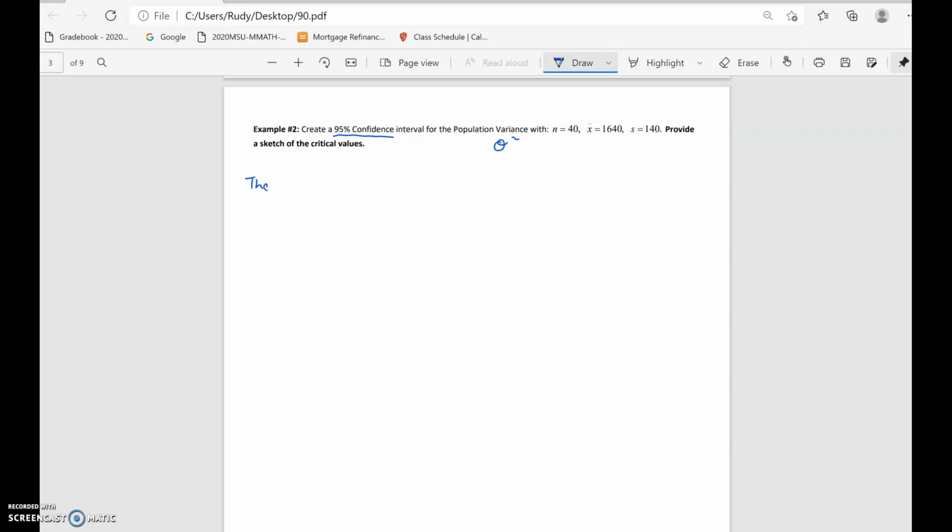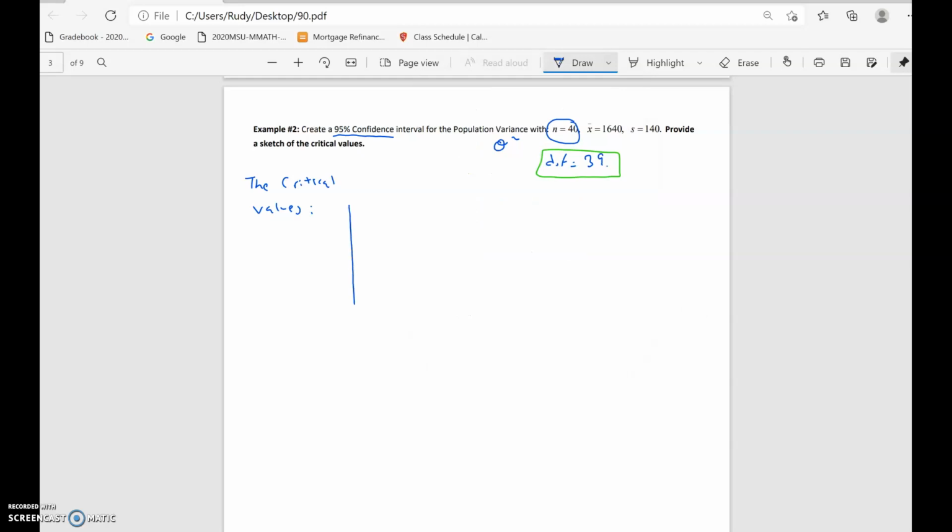So in this case, the critical values are going to be as follows. Now we're using 40, so the degrees of freedom, it's technically n minus 1, so we're talking about 39. So on this particular one, let me provide a basic sketch.